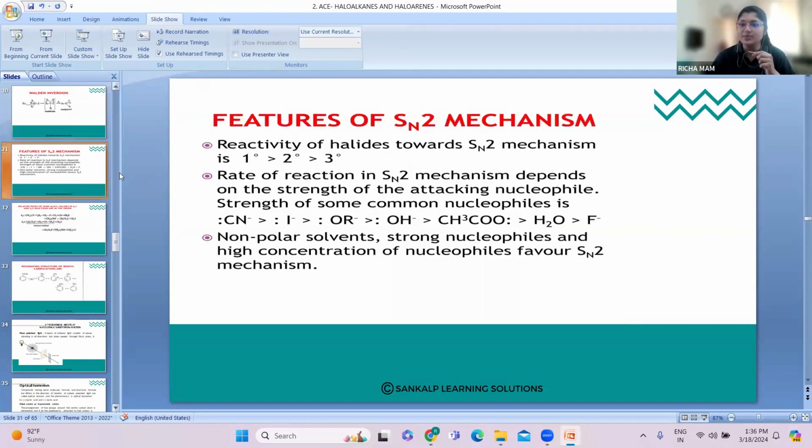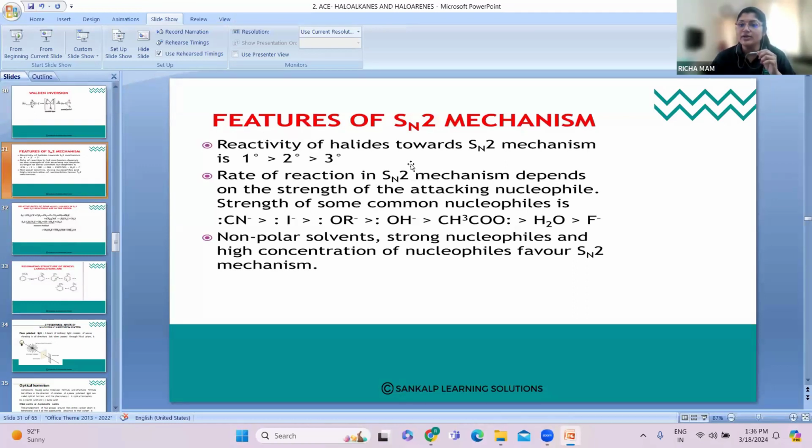Then when we are discussing the features of the SN2 mechanism, as we know, it follows one step, wherein it undergoes via a transition state.